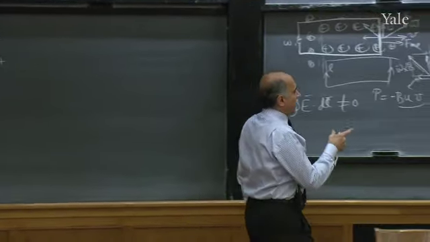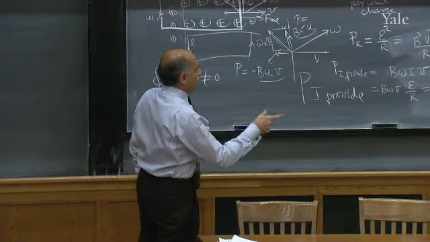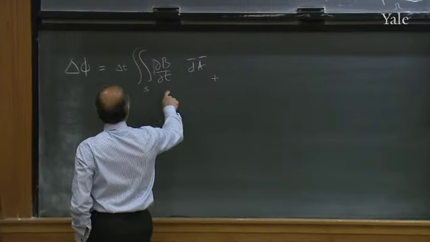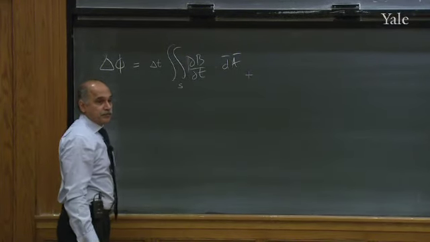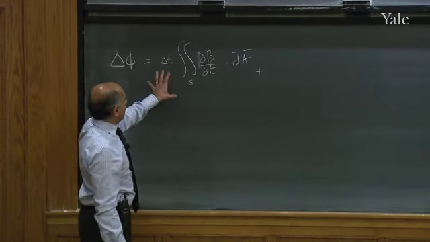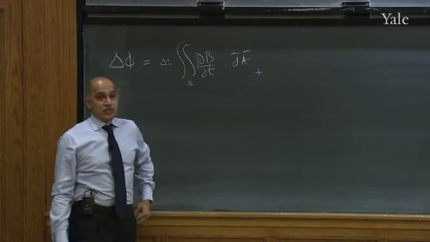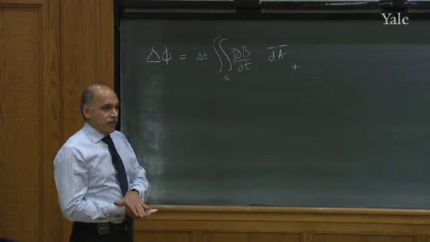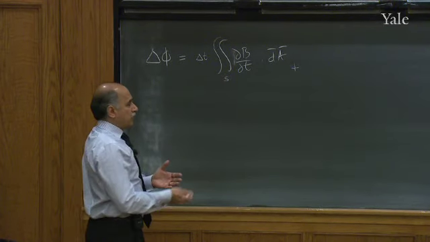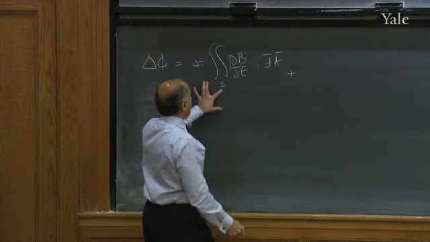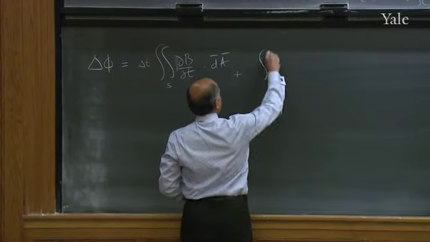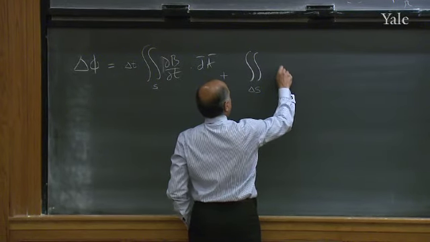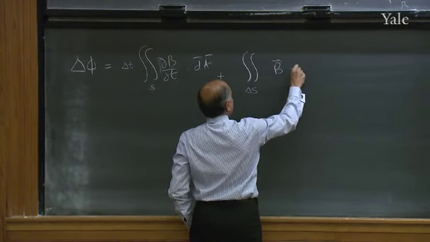So do you understand how I cancel B of t plus delta t minus B of t? That's given by the rate of change of B with time times the change in time. You get that contribution only because B is changing with time, because you're taking the very same surface as you did the first time, but at a later time. Therefore, the difference is due to the rate of change. But now we have to do the second part, which is on the surface delta S, you want to take B dot dA.